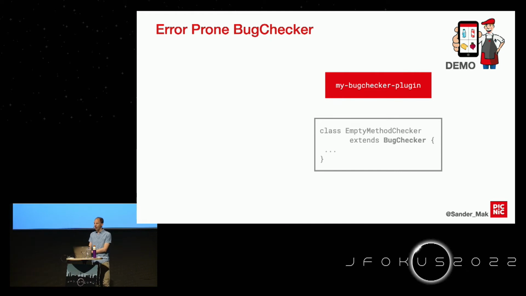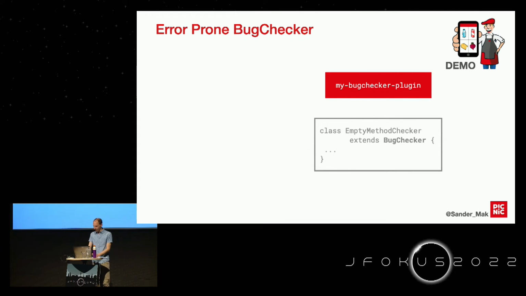And for that, I'm going to introduce a second Maven project called My BugChecker plugin. And what we want to do is write a simple error-prone bug check that tries to find methods that are empty, that have an empty body, because, well, we probably don't want to have those, and that might be an error. So we are going to write this empty method checker as an extension of the BugChecker class in error-prone in My BugChecker plugin, the project.